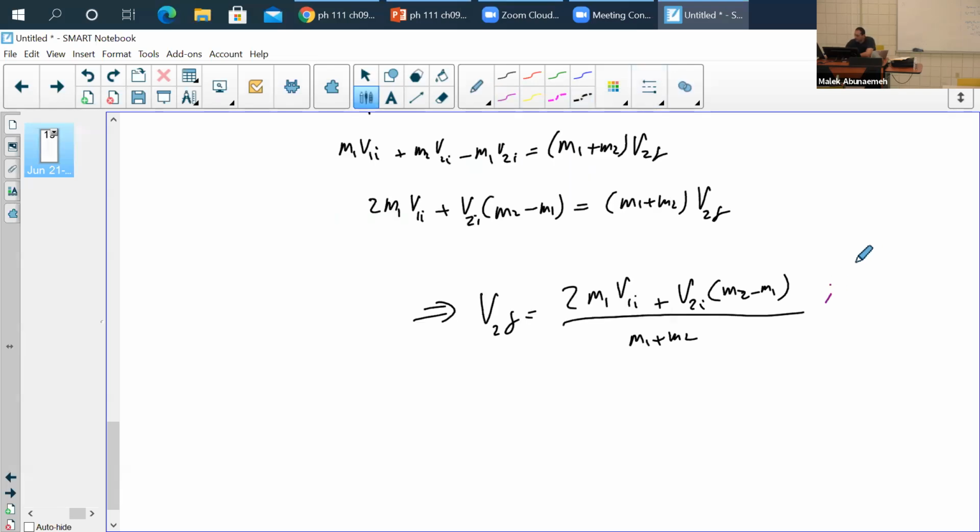Now, if your initial one was 0, like we just saw earlier, your V2 final is going to equal 2M1 V1 initial divided by M1 plus M2.